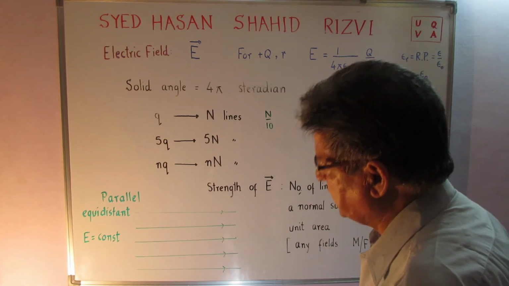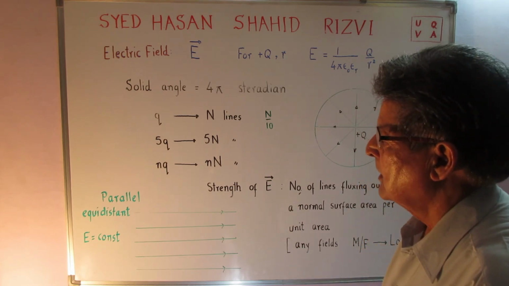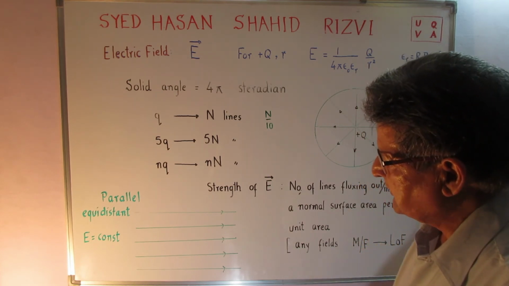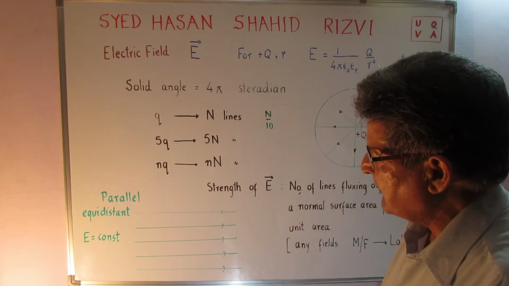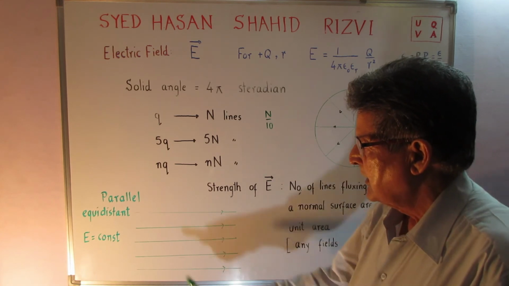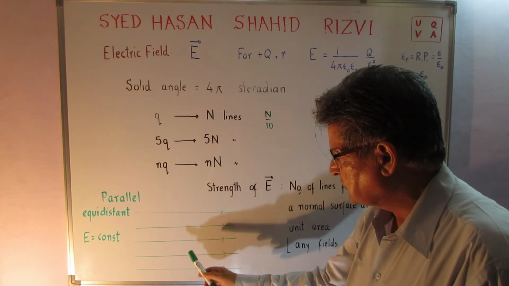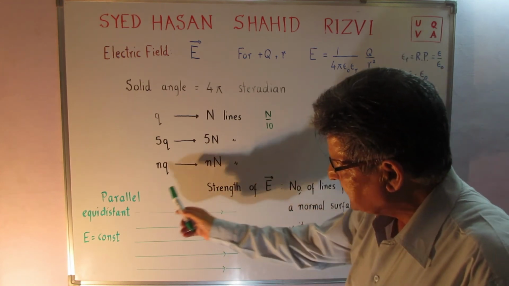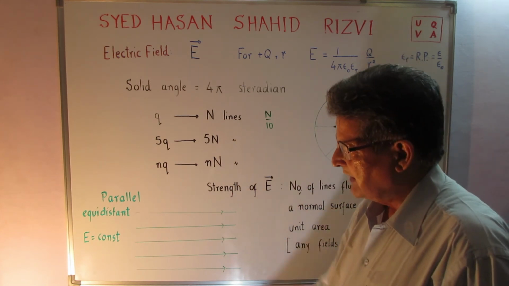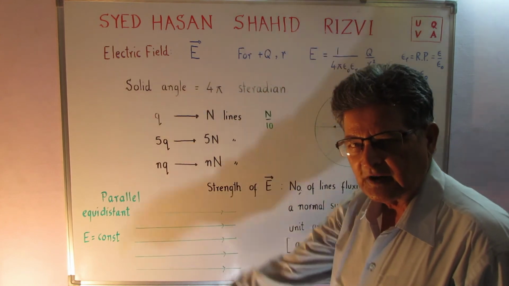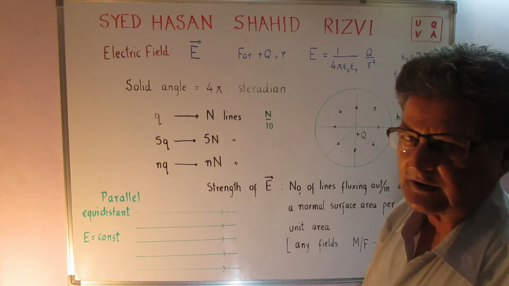I will wind up my lecture here shortly, and I will tell you that if in space we have parallel and equidistant lines like this, then in that region of space we say that the electric field, the magnetic field, and this field and that field will be constant.